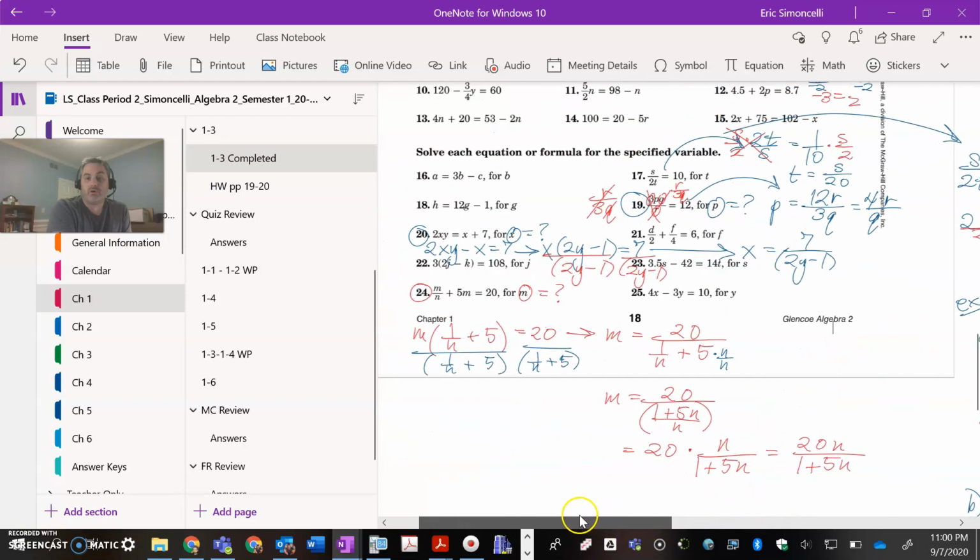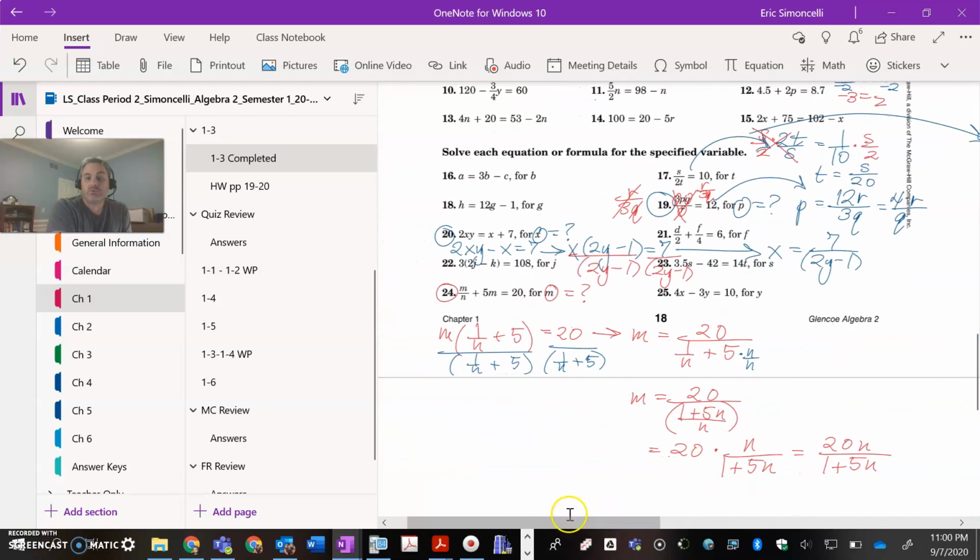But before we end today, I do want to make a note of number 24 because it just may be the hardest one. On 24, getting m by itself is similar to 20. So I went ahead and I factored out the GCF of m. Notice what is left. Not a very nice looking expression.